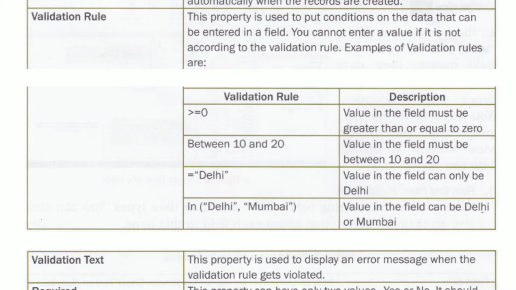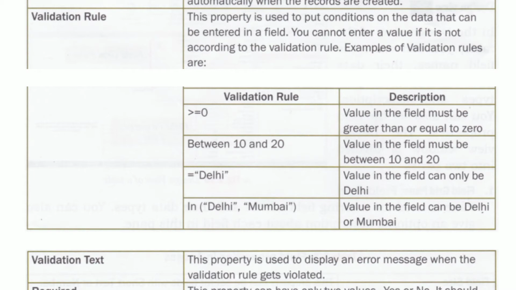The next one is equal to Delhi, means the value that will be entered in the table other than Delhi will not be accepted in the table. Next validation rule, as an example you can see, is Delhi comma Mumbai, means values in the field can be Delhi or Mumbai.